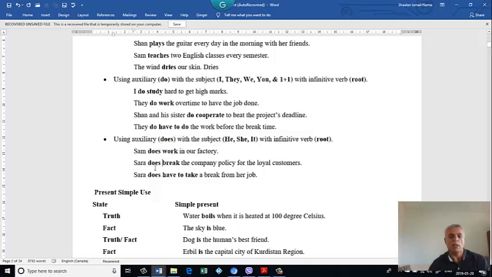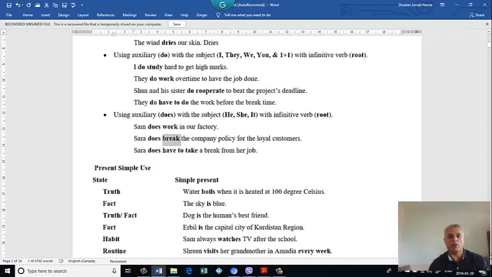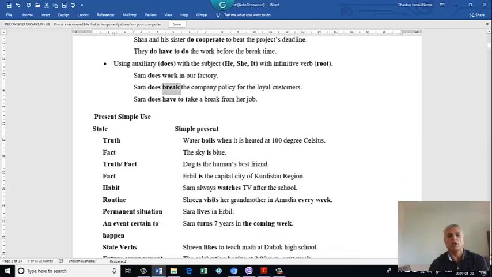Same thing here. Sarah, subject, does, the auxiliary verb. Then we have break, the root of the verb. Sarah does break the company policy for the loyal customers. We have sometimes more than one auxiliary verb as we have it here.